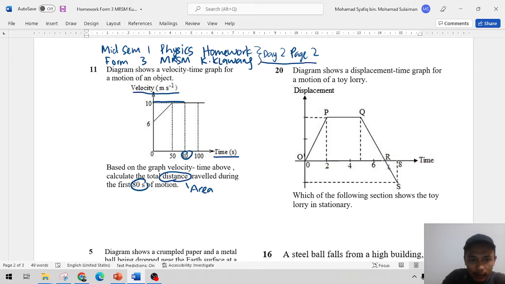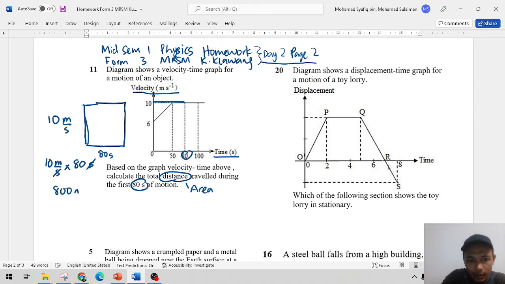We have a rectangle, over here is 10 meter per second and down here is 80 seconds. To calculate the area, it is 10 meter per second times 80 second. The second cancels out, so we will have 800 meter. So it will become a unit for distance, right?